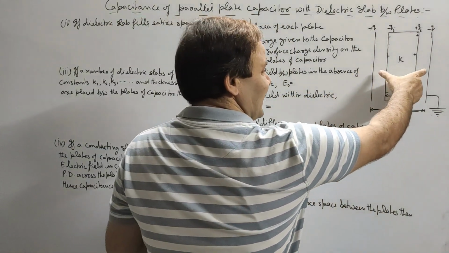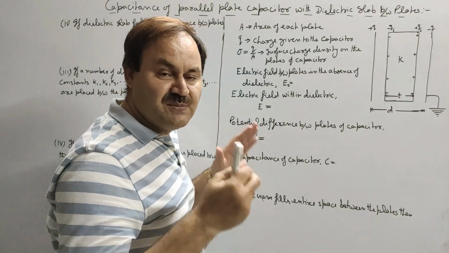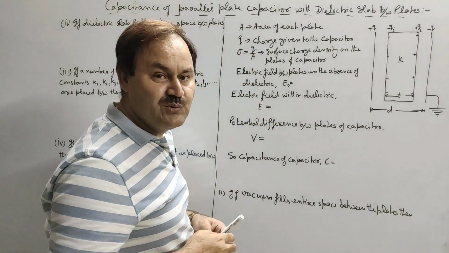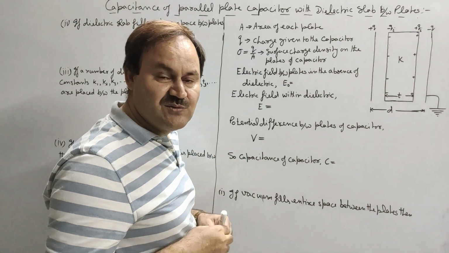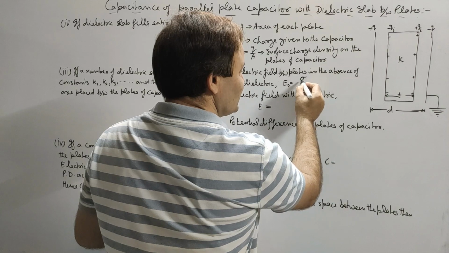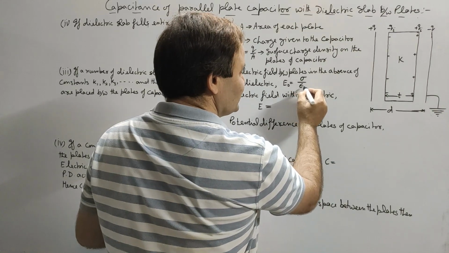First, the electric field produced between the plates of the capacitor when charge is given to it in the absence of dielectric will be E naught equal to sigma by epsilon naught.